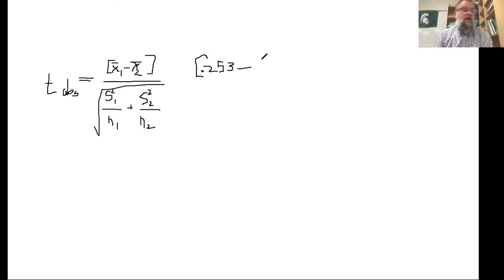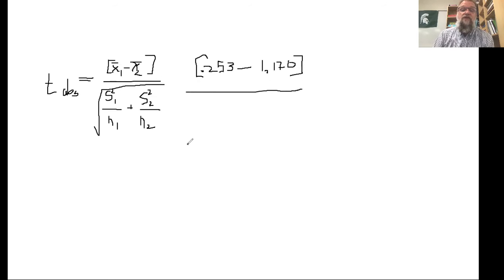And we are going to subtract the mean for with texting. Let's say with texting, I increased to 1.173 seconds. So that's just taking the mean from the first sample and subtracting the mean from the second sample.